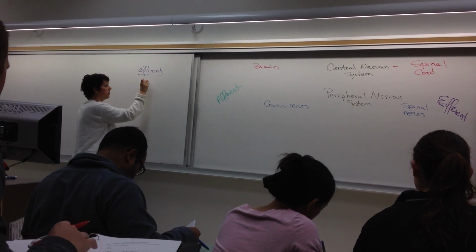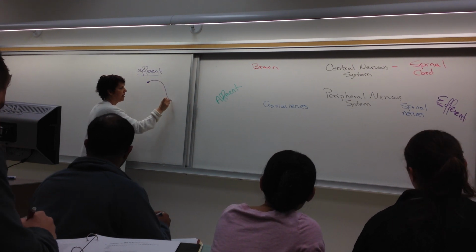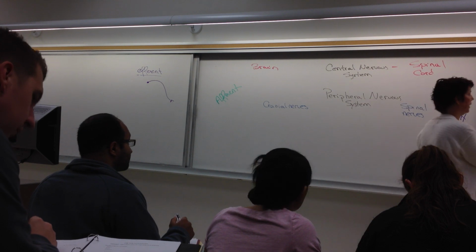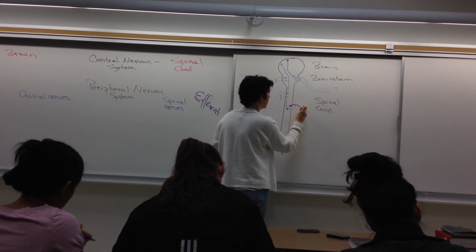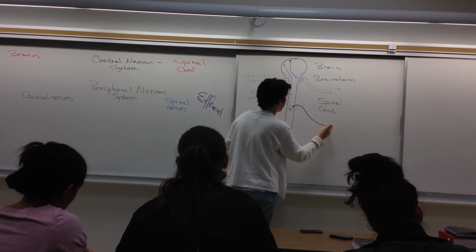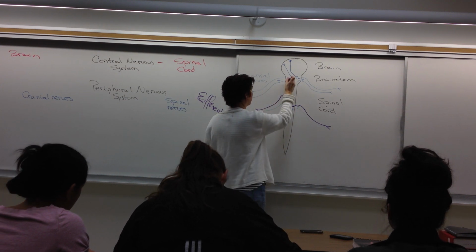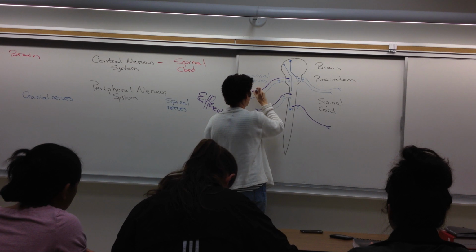This would be illustrated by the neurons that had their cell bodies, and I'll redraw this in a different color, that are carrying information away from either the spinal cord or away from the brain.